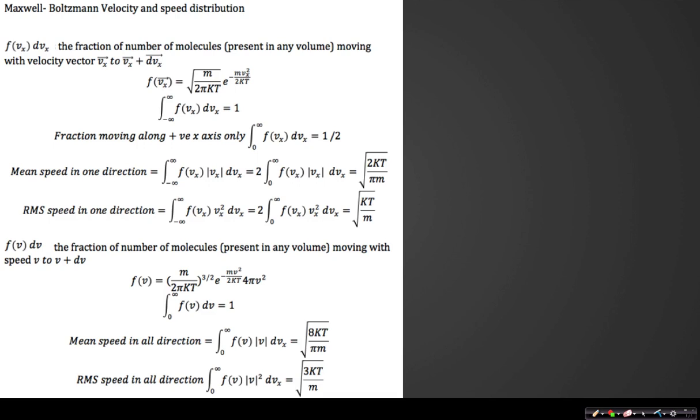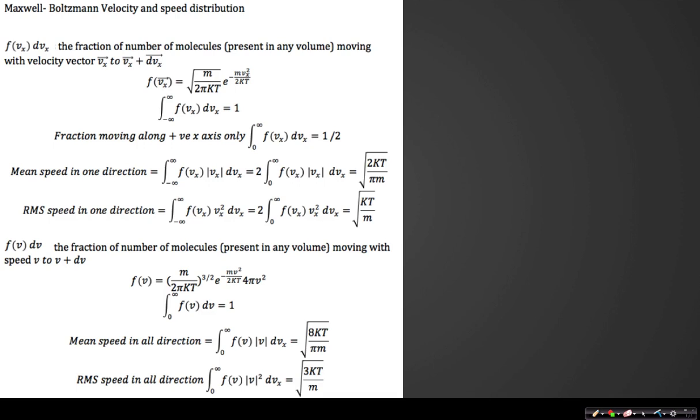But when you talk about millions and millions of gas molecules present in a chamber, you cannot talk about certainty, right? You have to take some statistical data on which you can conclude a few macroscopic properties of the gas. So that was done by Maxwell and Boltzmann.